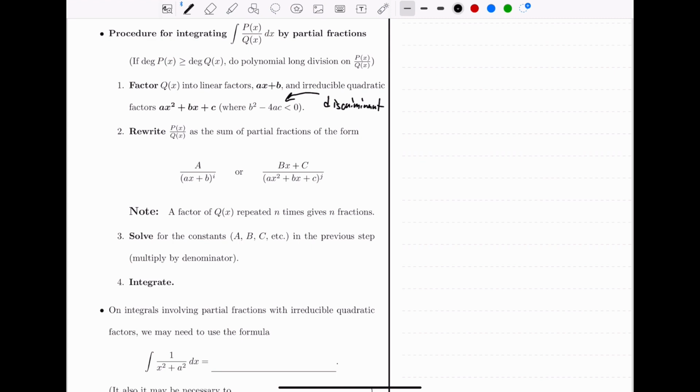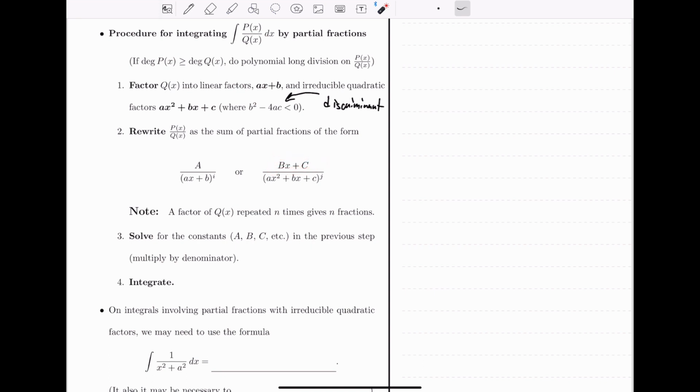Once we've factored, then we write out the form of the partial fraction decomposition. And we'll practice determining what these forms are like. But for each factor, we write a fraction. And when we have linear factors in the denominator, we write just a constant in the numerator. And for irreducible quadratic factors, we put a linear in the numerator.